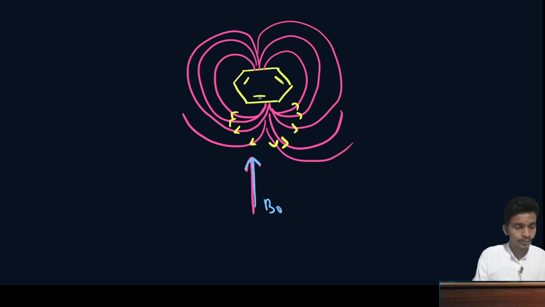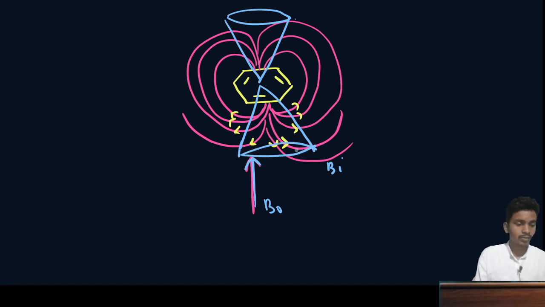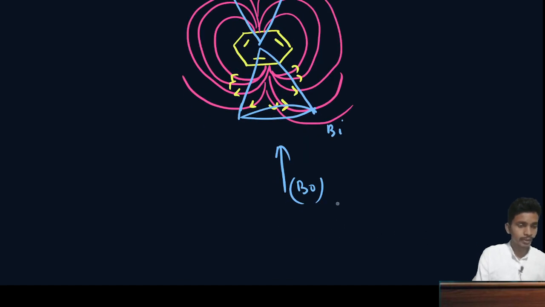And here also, due to that aromatic ring, the induced magnetic field is in these directions. This is B induced, Bi. Now if you draw the cone here, the cone will be in this direction, and another cone downward also, and you are applying the magnetic field here, B naught. This is the applied magnetic field.